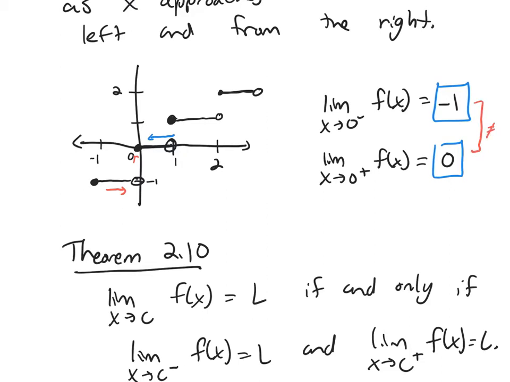So I now know that the limit as x goes to 0 does not exist.